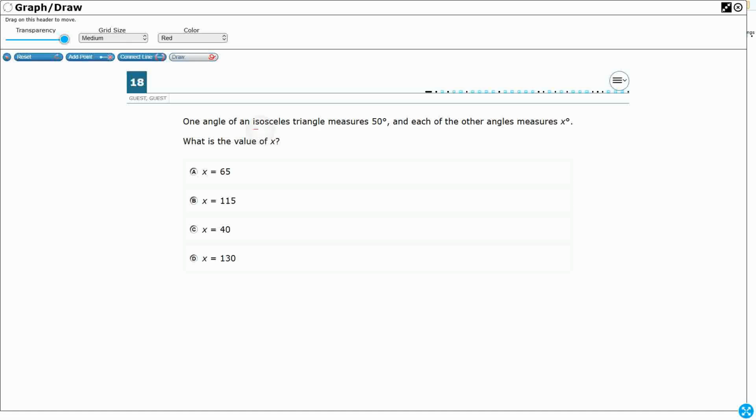All right, so we have an isosceles triangle. What does that mean, isosceles? Well, that means that you've got two sides that are the same. One way I remember this is we get the SOS inside the isosceles, and it means same, other, and then same.